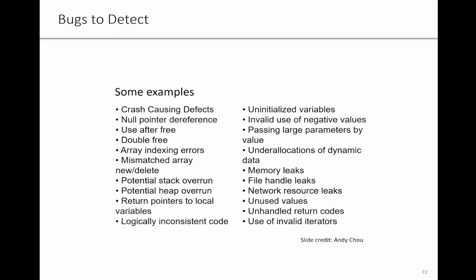Typically you have some issues. You can have null pointers, so pointers pointing nowhere. You have allocated memory, you have freed the memory, but then you access it again. You have freed it again. I mean, that would mean deleting what has been stored at that position, although you are no longer responsible for it. Array indexing, so if you access an array outside of its bounds, these are typically errors, or stack overrun, heap overrun.